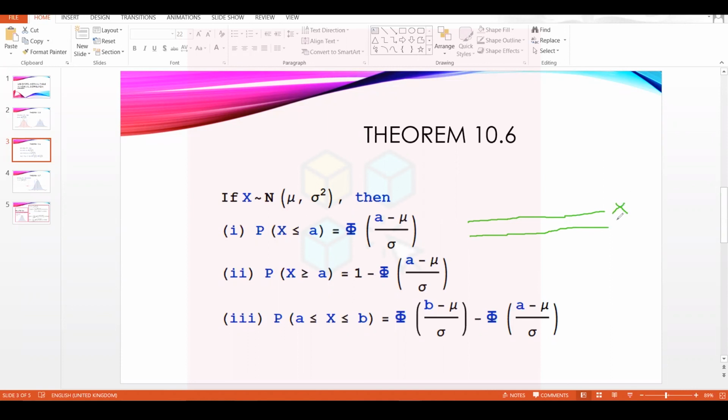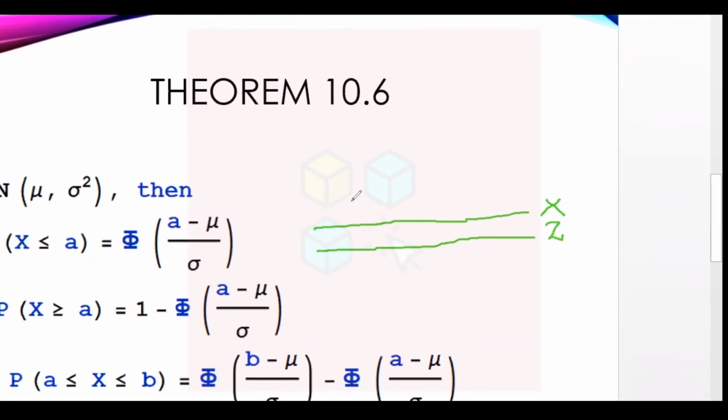We will write it as x and this one as z, and the curve above this line is this one. The central value is here, which is always equal to mu if our scale is x, and equal to 0 if our scale is z.